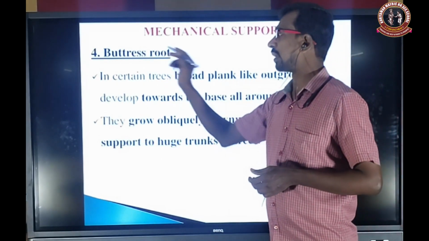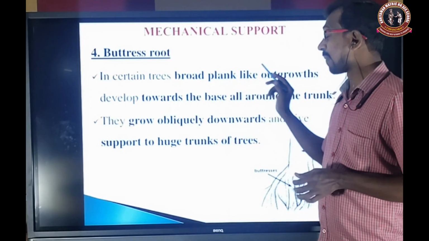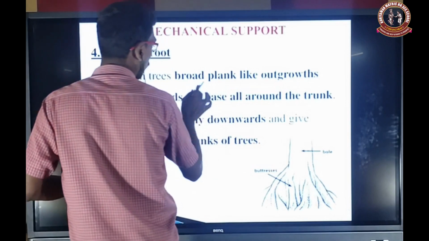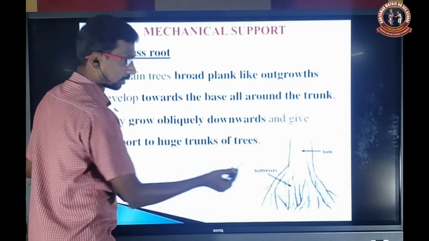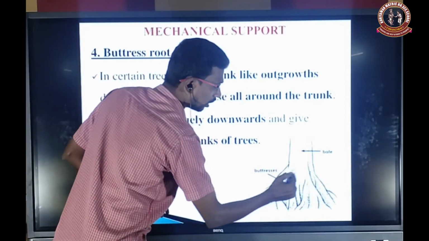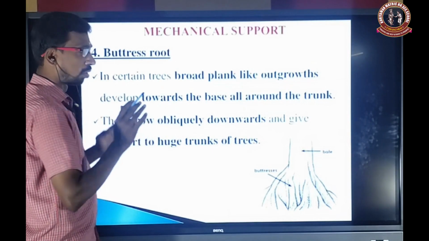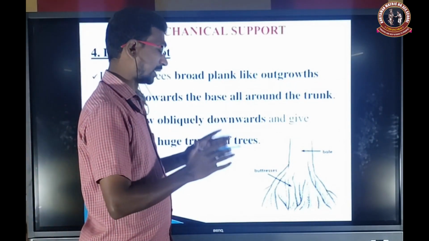Next, the buttress root. In certain trees, very broad plank-like outgrowths develop toward the base all around the trunk. So it is a plank-like structure all around the trunk, growing obliquely downwards and giving support to the huge trunk of the tree.